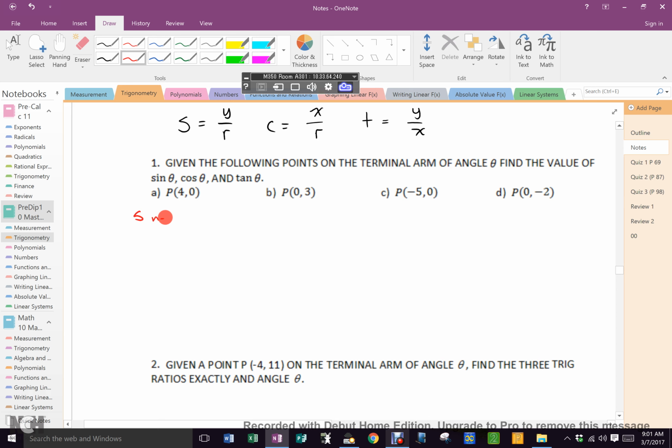Sine. Cos. What's the cos? Cos is x over r. We know r is 4, so it's 4 over 4, yes?